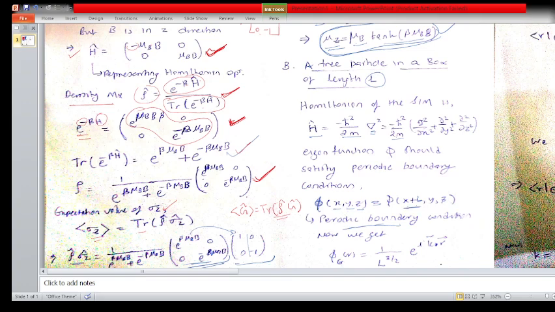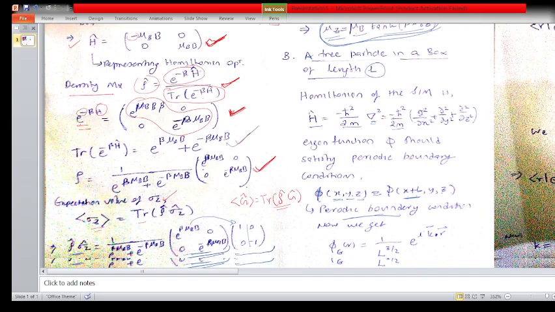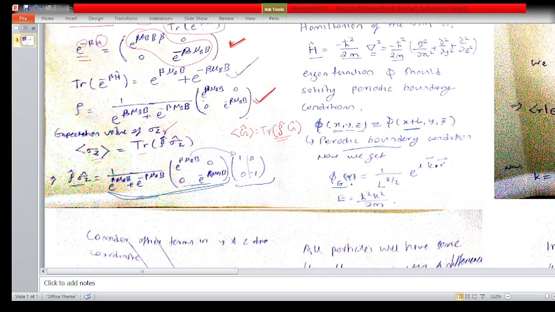So that is the periodic boundary condition, and in general we can represent the wave function of a particle in a box of length L. The corresponding wave function is phi_E of r, the spatial distribution in terms of r.